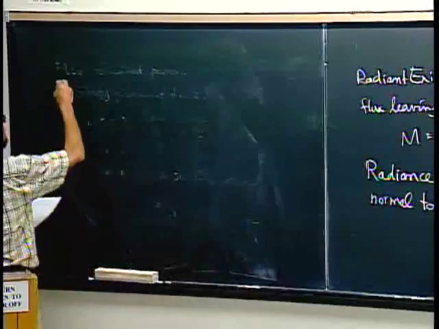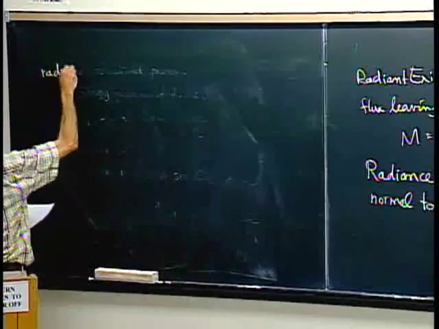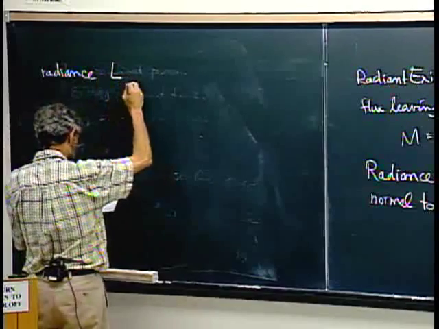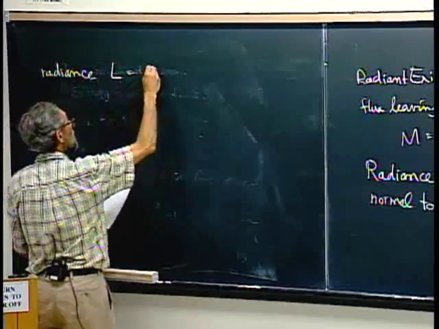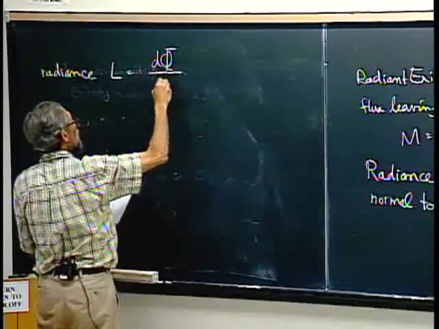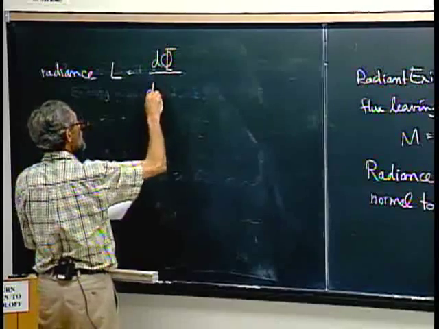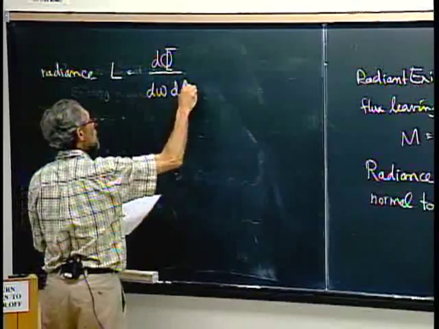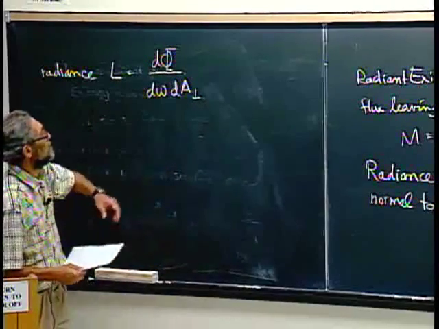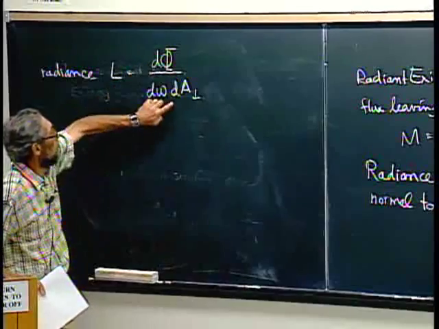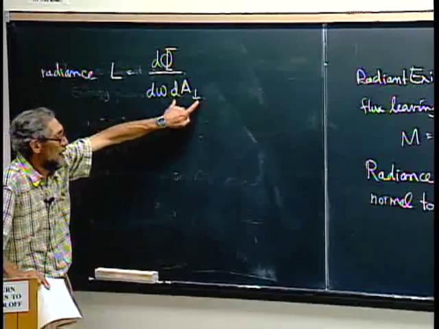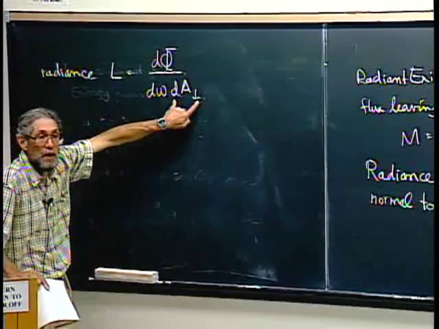The notation we use for radiance is L. And what it is is the flux, let's use the d, with d omega dA perpendicular, where d phi is the flux, d omega is one of these solid angles that the flux is coming from, and dA perpendicular is the area perpendicular to the beam.